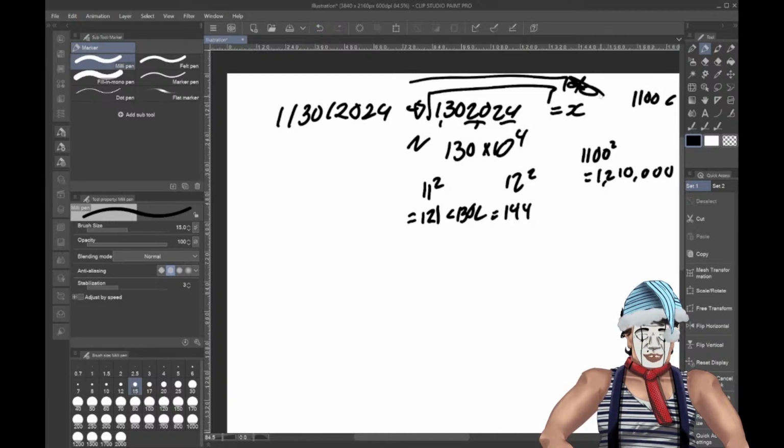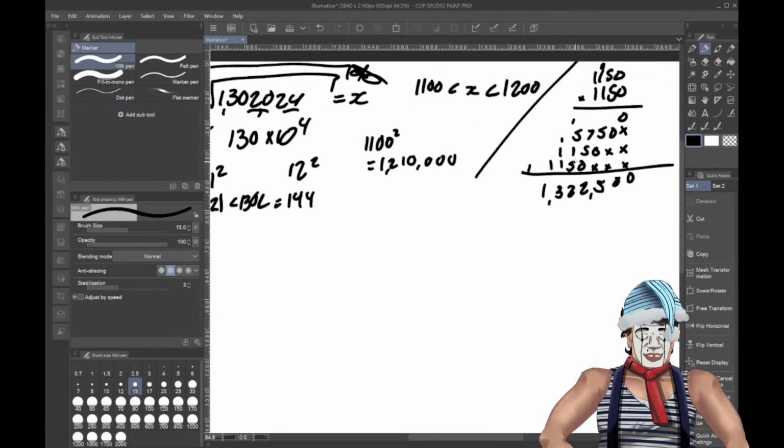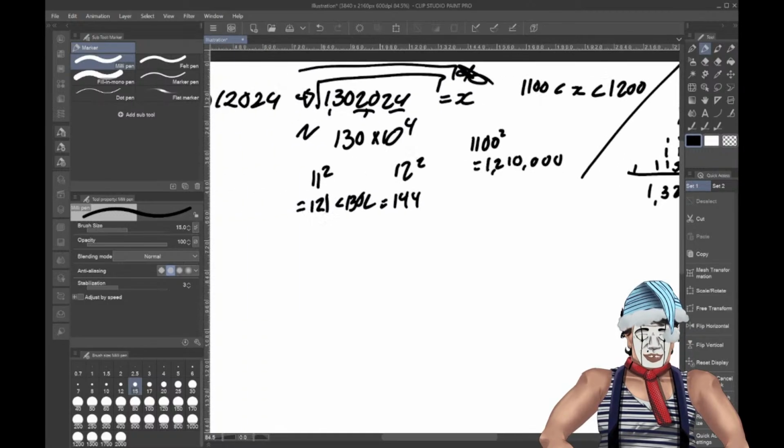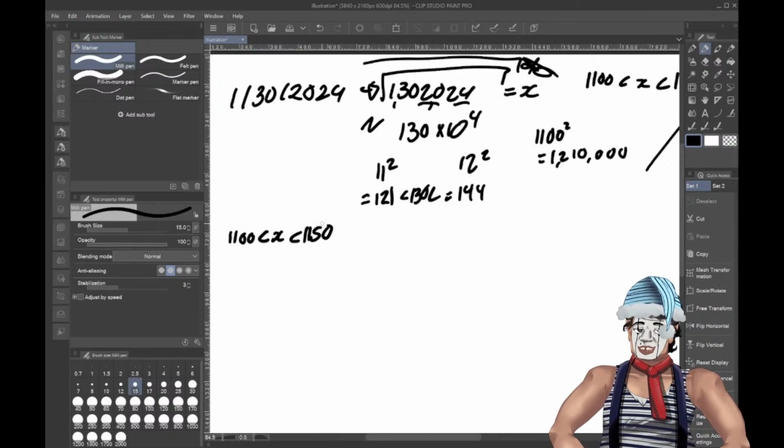Let me see. 1,150 squared is 1,322,500. That's larger than x squared. So that means the number we're looking for is between 1,100 and 1,150. We're a little closer.